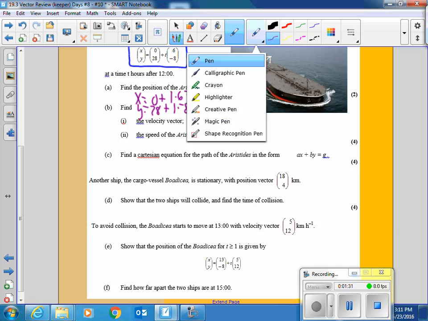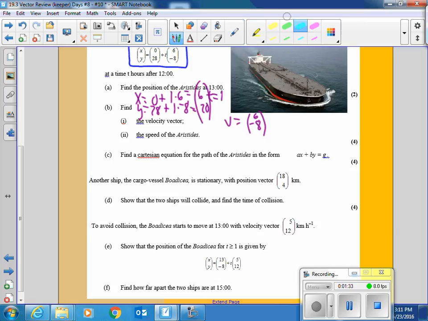This is my velocity. And if I know that velocity, I should be able to find the magnitude of the velocity to get the speed. And you can probably see this coming. 6 squared plus negative 8 squared is going to be the square root of 100, which is 10.